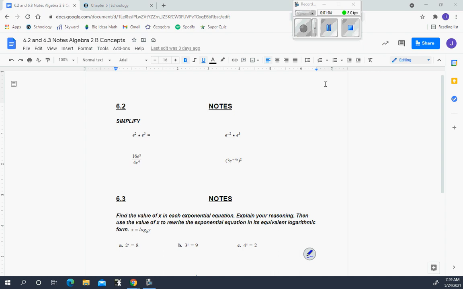When we have a variable raised to an exponent times that same variable raised to another exponent, all we do is add the exponents. So our first answer is just e to the 7th. Okay, we just got done doing this last week. So e to the -2 times e to the 3rd, we just add our exponents, so it's -2 plus 3. Positive 1, so we can just leave that as e.